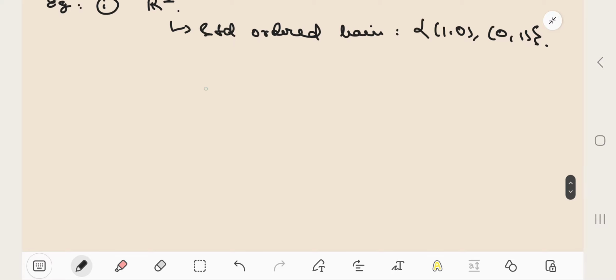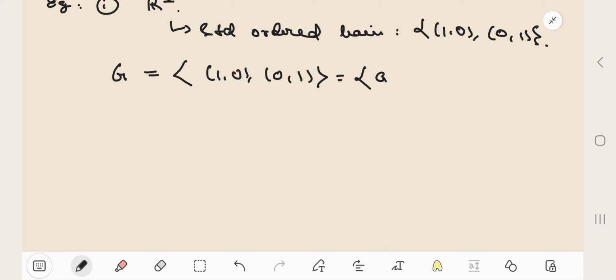So what we actually want to see is the group, let me use the standard notation for showing generators, which is generated by the elements (1, 0) and (0, 1). In other words, it is just the collection of elements of the form a1 times (1, 0) plus a2 times (0, 1), where these ai's come from Z.